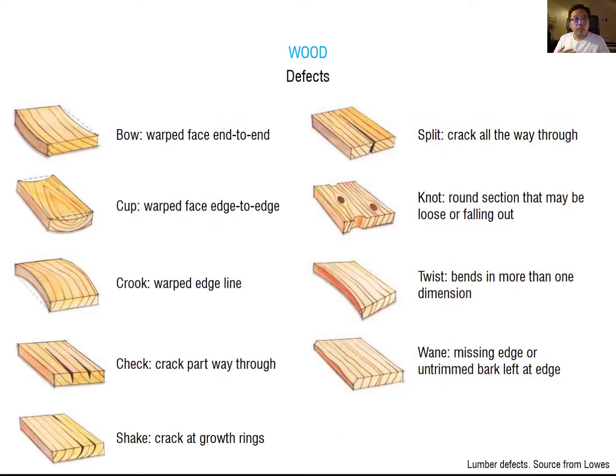Okay. As I discussed, timber has lots of defects. You don't need to worry about all these different terminologies, but you have to understand the timber product. Timber is a breathable, living material. So it can be attacked by termites, or it can easily warp, knot, or crook, because timber is breathable.